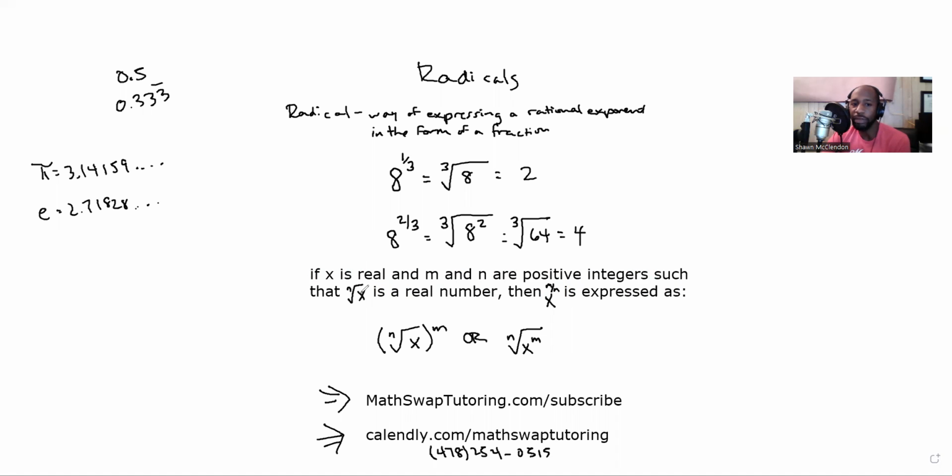Sorry, I'm kind of mixing stuff up here, but you cannot take the even root of a negative number and get a real number out. You get an imaginary number then.